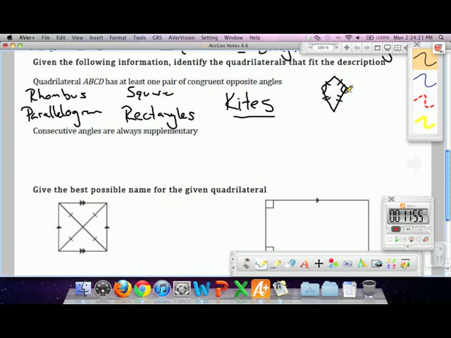We definitely had a theorem about this for one general figure. Parallelograms, this is definitely true. And if it's parallelograms, then it fits all of the more specific types. So, therefore, rectangles, rhombus, square.